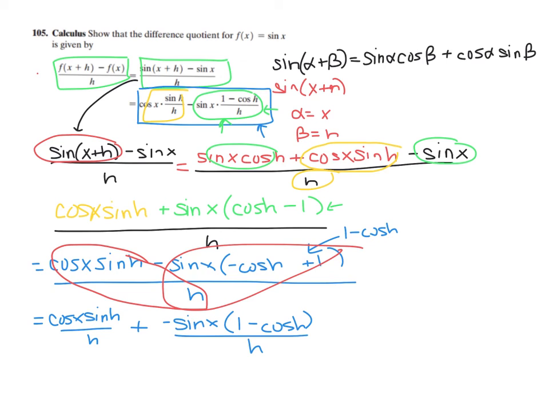I hope that you notice now that it looks a lot more similar to what we wanted to get for our end result. So I'm just going to rewrite it the way that they have it there as my end result. The first term I can rewrite as cosine of x times sine of h over h. The second one, I'm going to bring the negative sine x out front, so I get minus sine of x times 1 minus cosine of h, also over h.